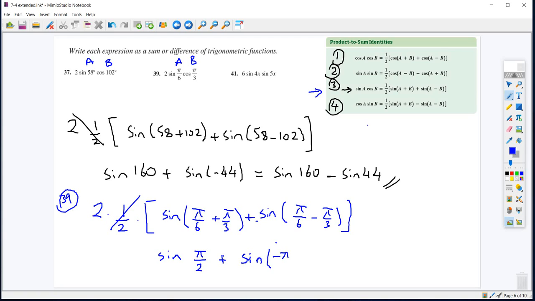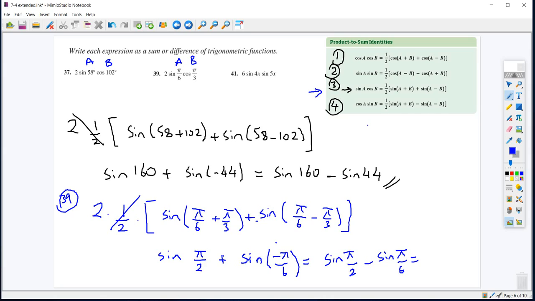Remember I said we can put the negative sign in the front, so we can say this is sine pi over 2 minus sine pi over 6 is the answer.